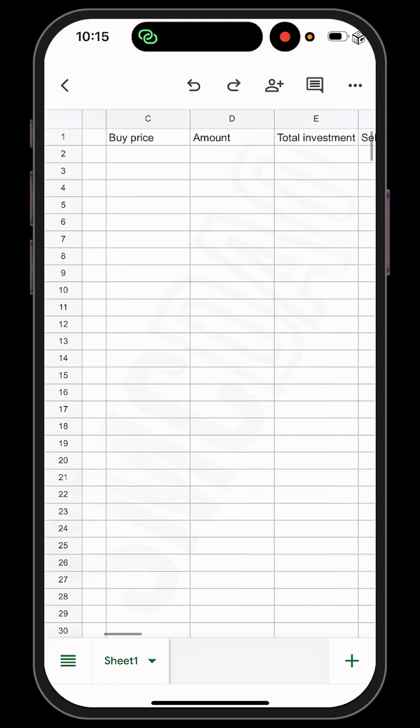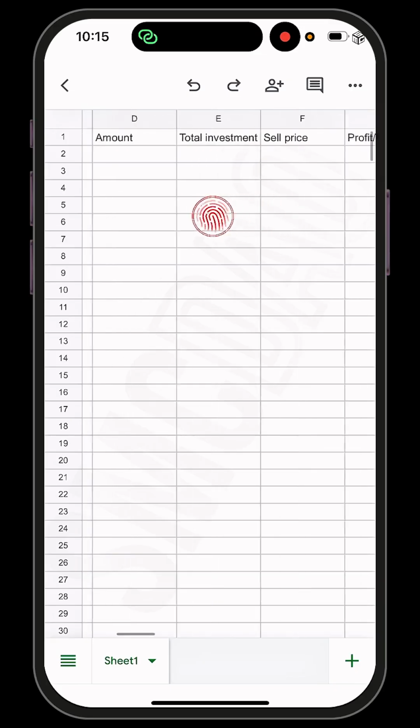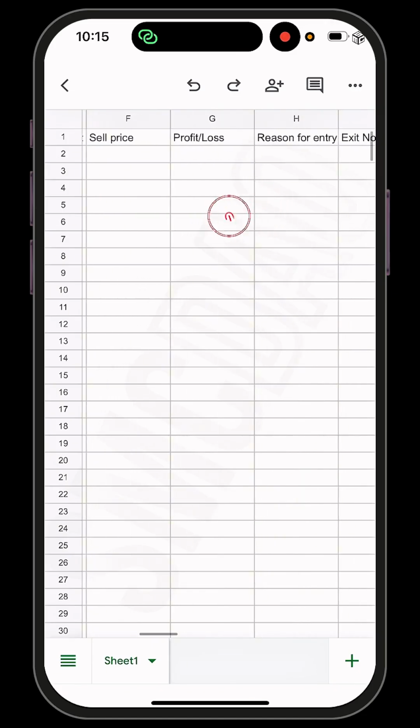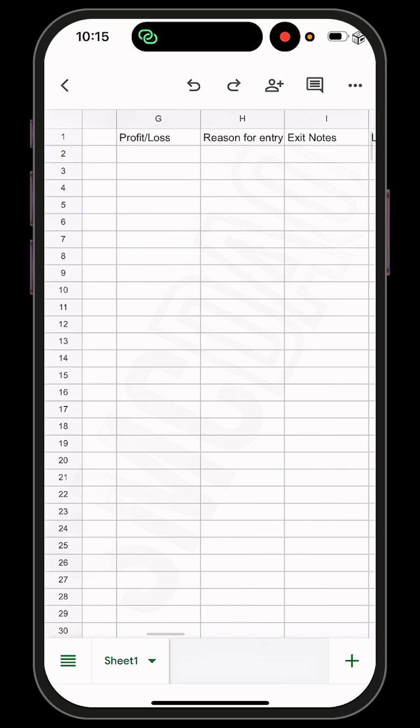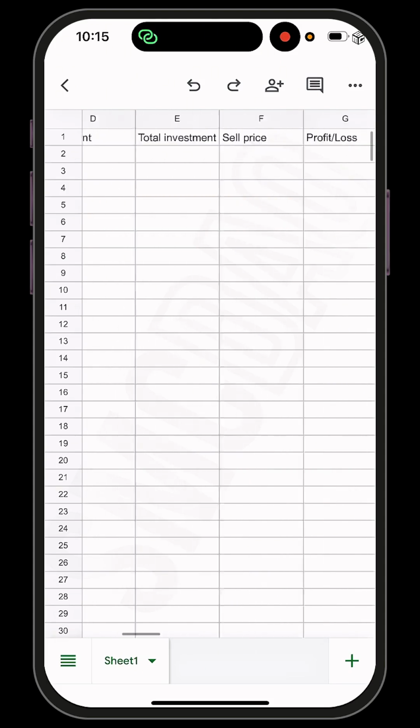Then your total investment is literally amount times price, and your sell price is when you exit. Your profit slash loss can be automatically calculated with Excel. Your reason for entry is your thought process behind the trade, your exit note is why you closed the trade, and the lessons learned are what you will improve next time.